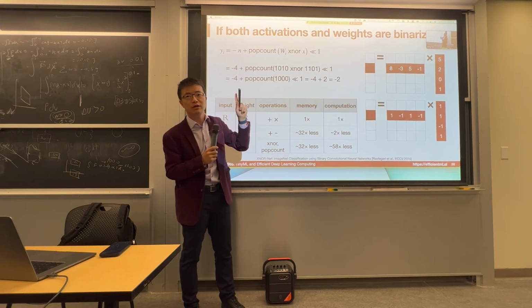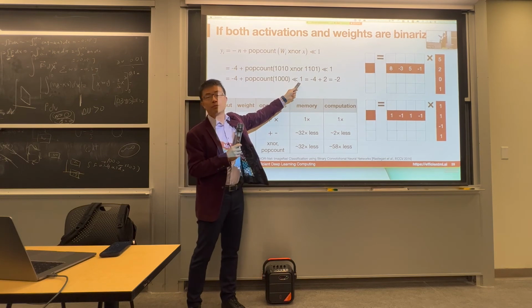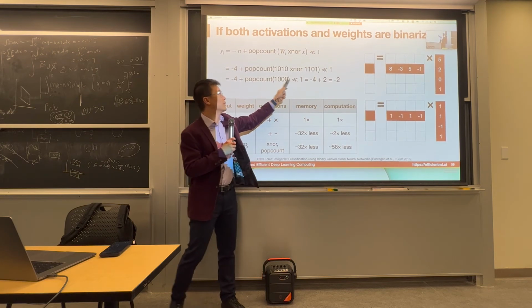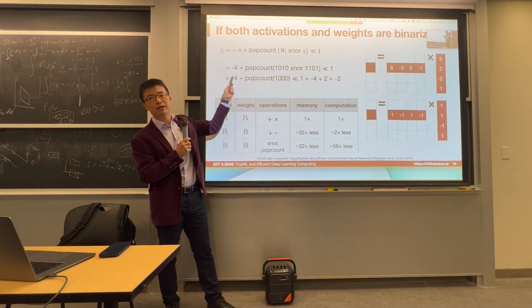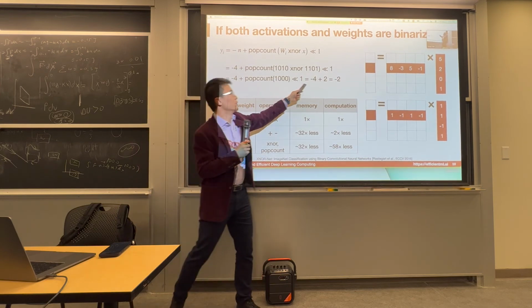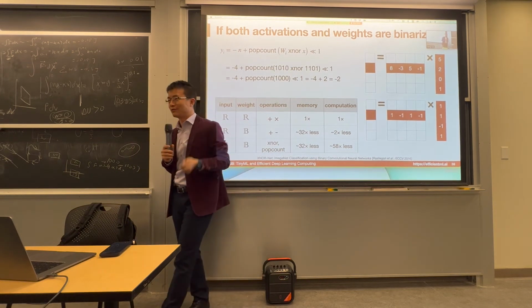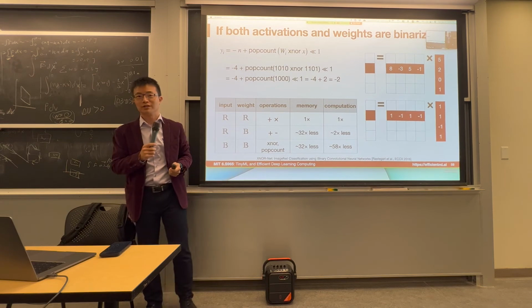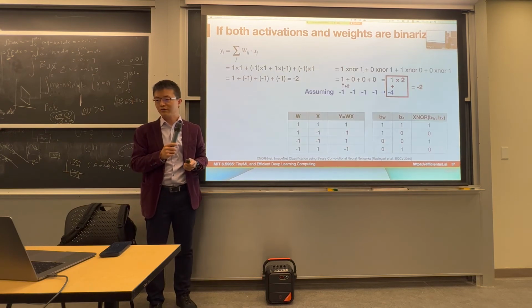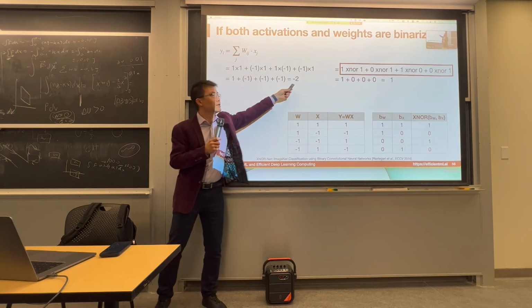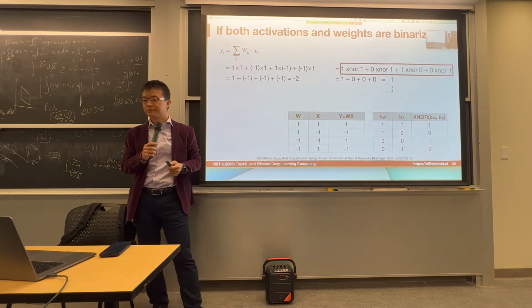Then we multiply by 2 and add the -4. So we get the result -2, which finally matches our original value. Remember, our original value is also -2.